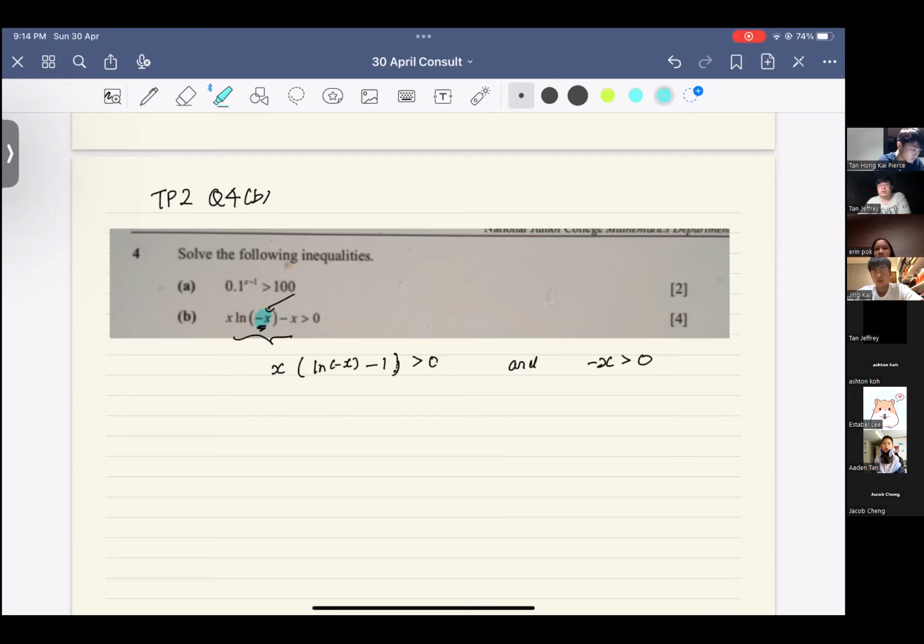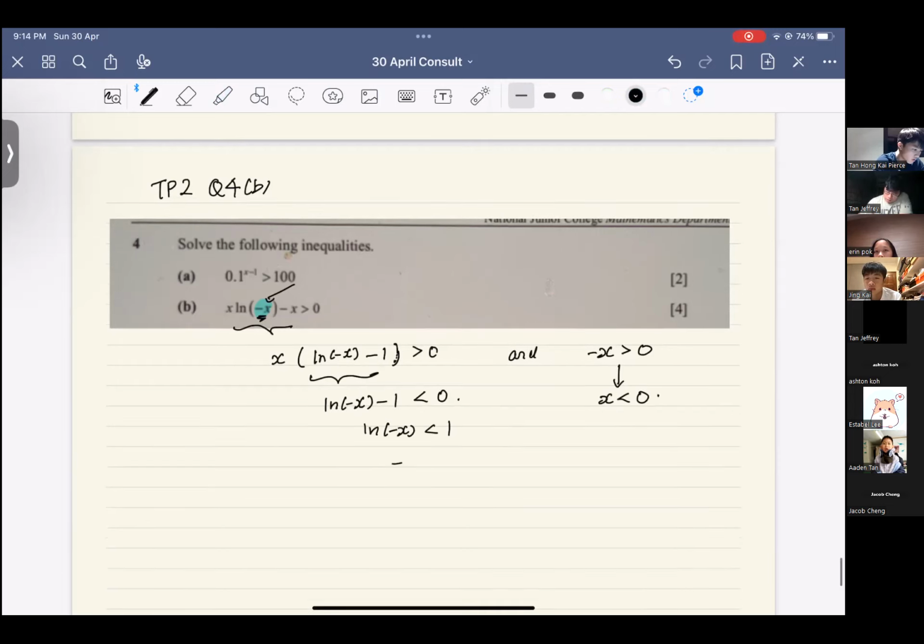So if you incorporate this, you know that x must be less than 0. Then ln of negative x minus 1 must be less than 0 as well. Therefore, ln of negative x less than 1. Negative x changed to index form is less than e power 1, so x is more than negative e.